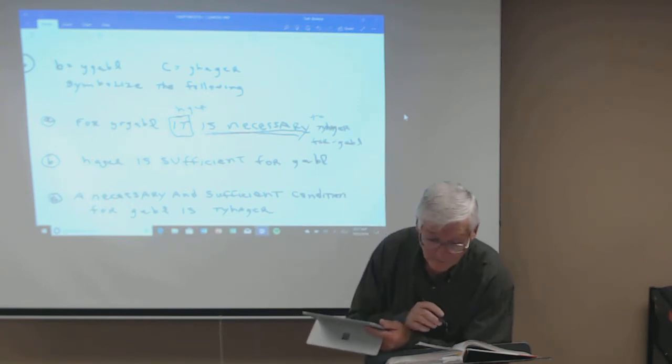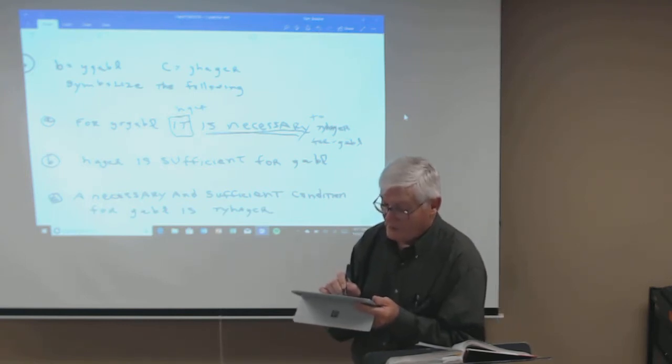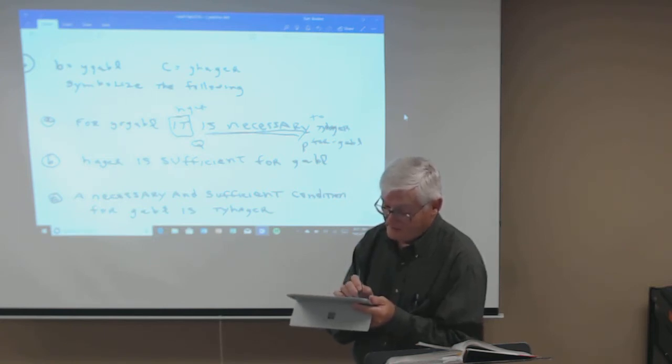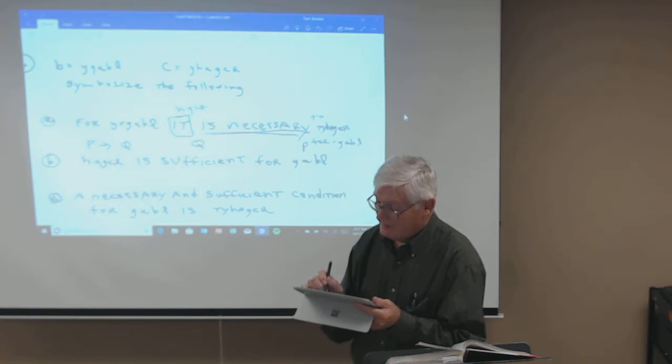Do you have your chart for is necessary? Q is necessary for P, which is equivalent to if P, then Q. So P is getting a bank loan.